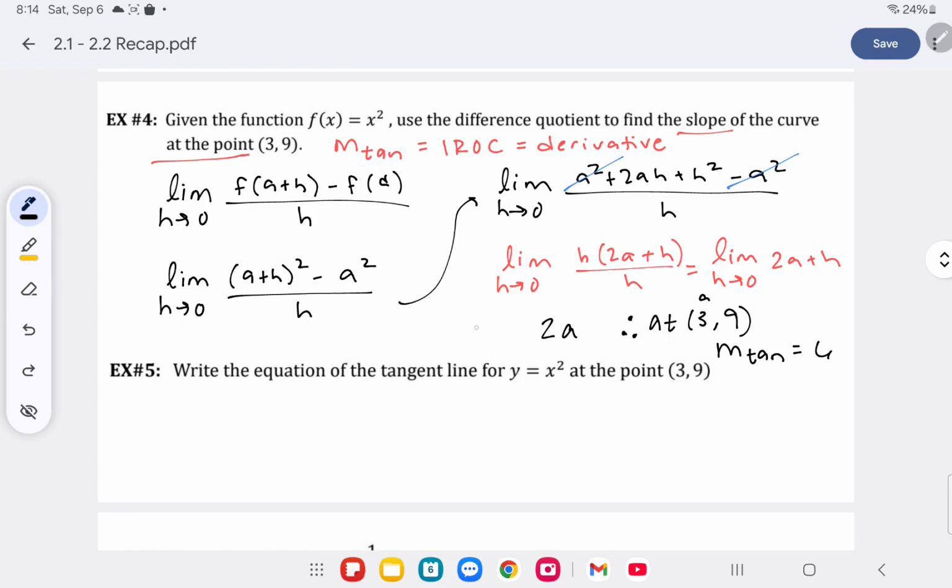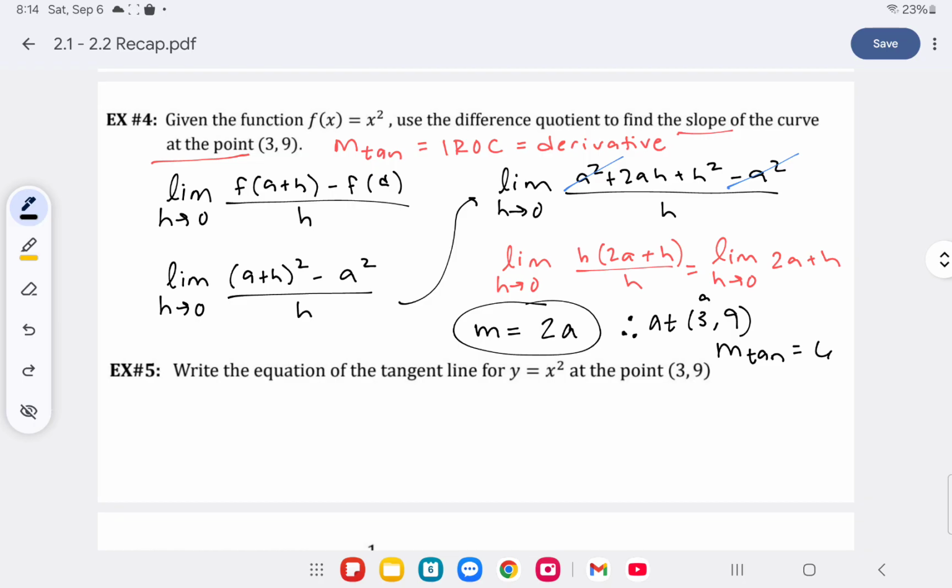So our slope in general for this function is 2a. If we would have wanted to find the slope at 2, 4, we would have plugged in 2 for a, and we would have gotten 8. Wait, no. 2 times 2 is 4. We would have gotten 4. So at the point 2, 4, our slope would have been 4. At the point 3, 9, our slope is 6 because we plug in a 3 for a instead.